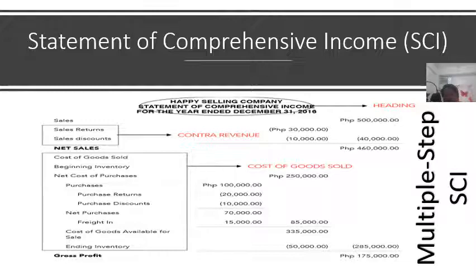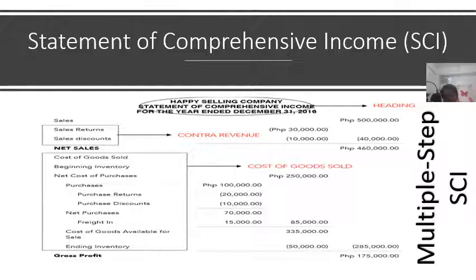Tapos, katulad ng sales, kasi yung purchases, meron din siyang contra account. Ano yung contra account niya? So, kailangan din mo ding ibawas yun, katulad ng net sales sa taas. Ano yung mga contra account ng purchases? Purchase returns, purchase allowance, saka purchase discount. So, yung tatlong yun, i-deduct mo sa purchases para makuha yung net cost of purchases na 85.